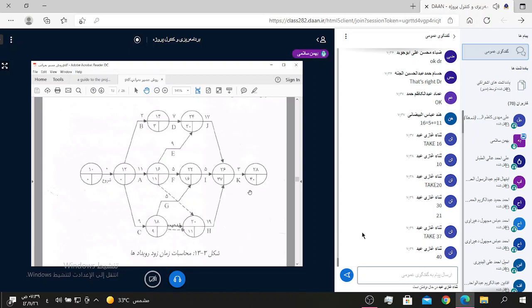In step 1, we find the ES, early start, for all nodes. We start with node 10 and go to node 28.